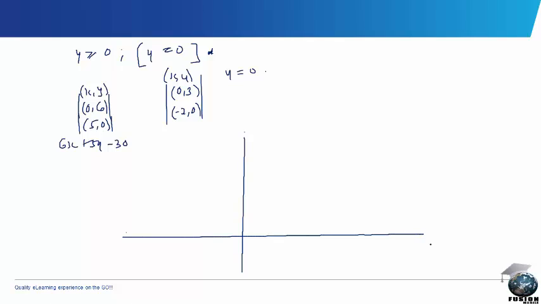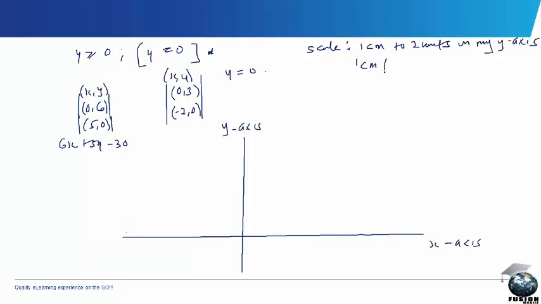Alright, this is my graph. This is my y-axis, and this is my x-axis. My scales are as follows. I'll be using 1 centimeter to 2 units on my y-axis, and as well I'll be using 1 centimeter to 2 units on my x-axis.